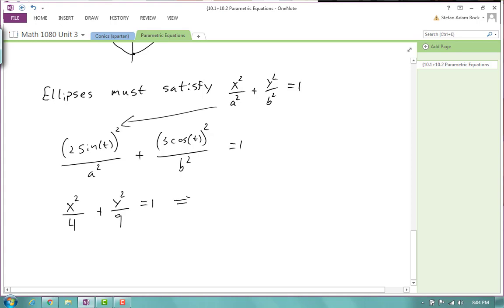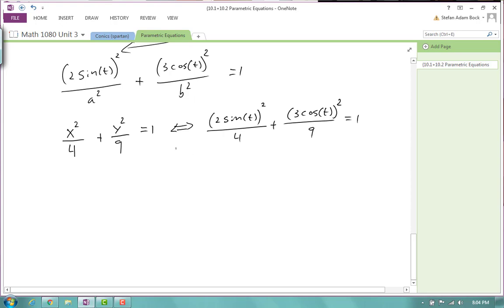Well, this is equivalent to (2 sine of t) squared divided by 4 plus (3 cosine of t) squared divided by 9 equals 1.